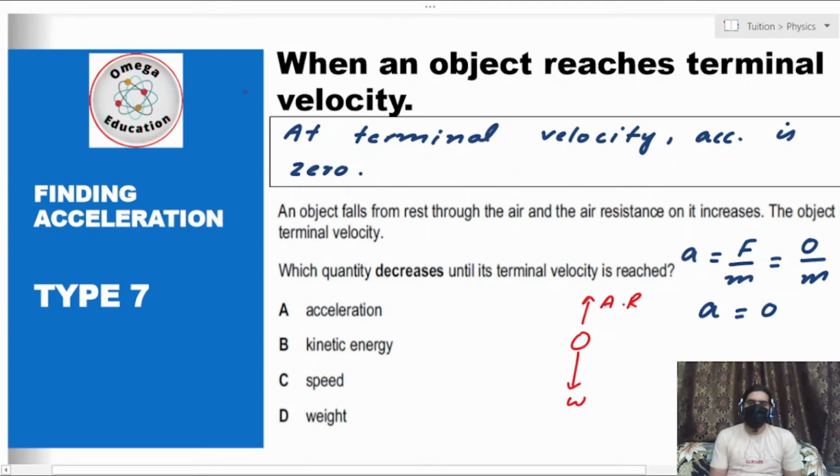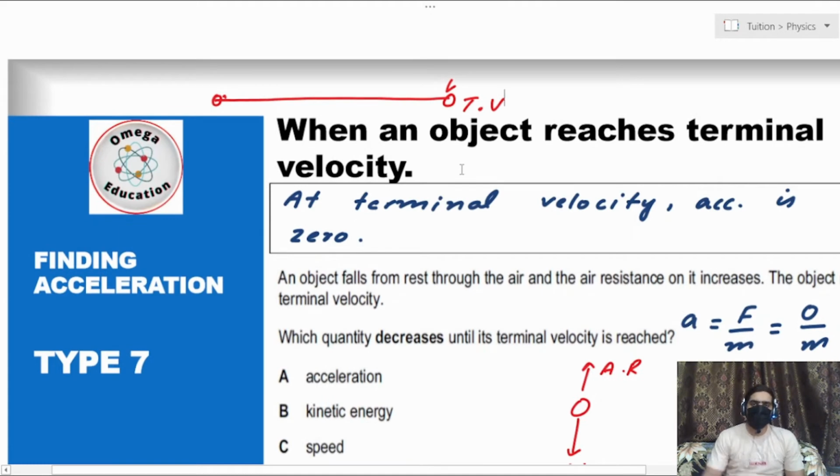So you can think about it. Let's say this is a starting state and the object reaches terminal velocity over here. Exactly at the terminal velocity, acceleration would be 0. Over here, acceleration would be maximum.